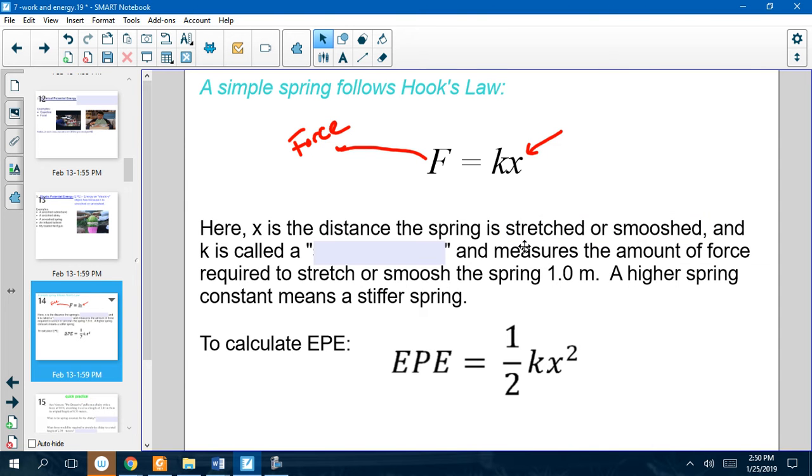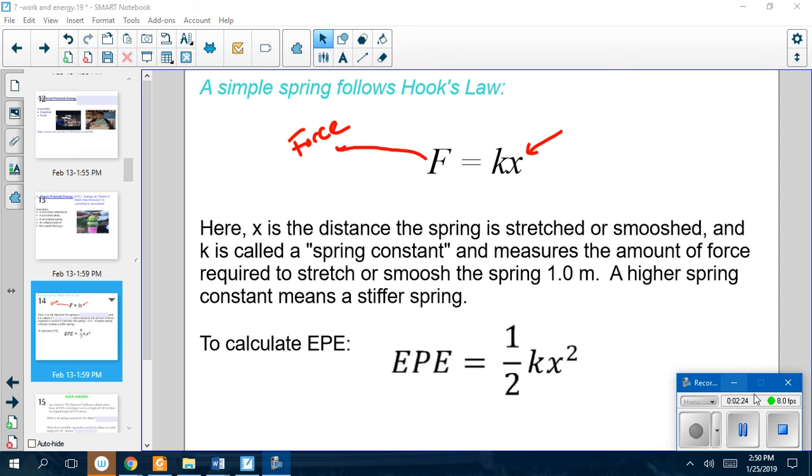And that spring constant is really just how much that spring can be squished or how stiff that spring is. So that gives us Hooke's law.